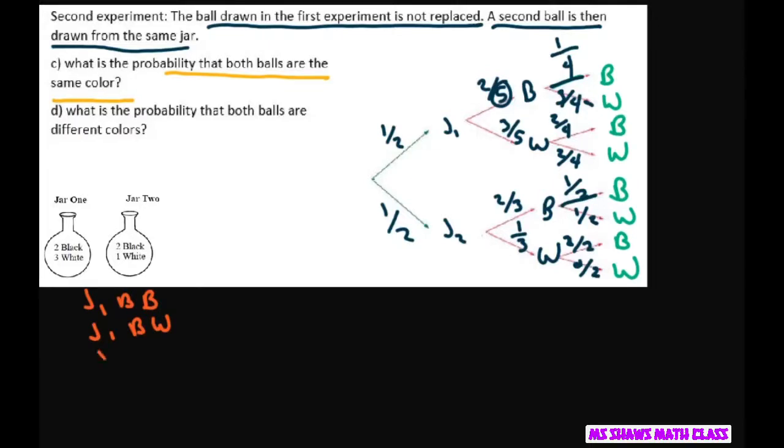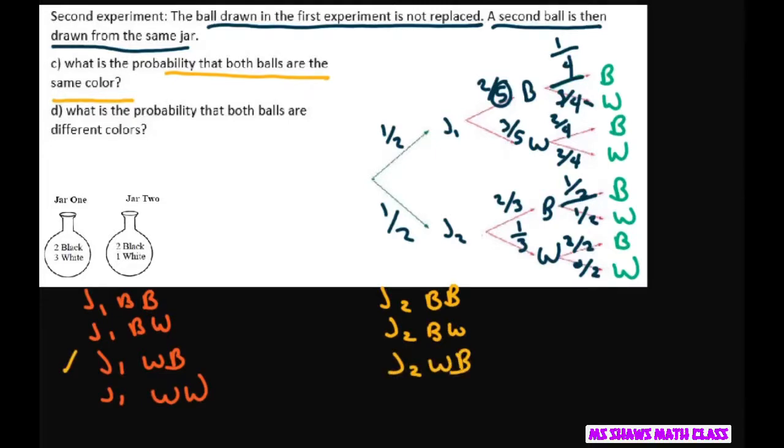Then we're going to have jar 1, white, black. And then jar 1, white, white. Then for jar 2, let me move it down. So for jar 2, you're going to have black, black. Jar 2, black, white. I'm just copying this over, but with jar 2, white, black. And jar 2, white, white.